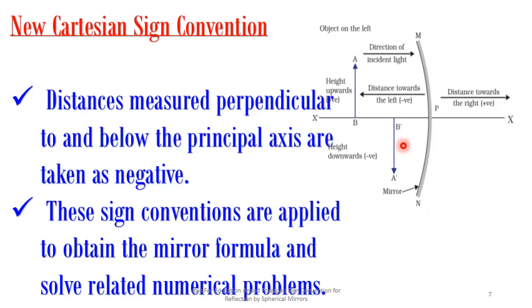These are the most important points in the New Cartesian sign convention. The object is always placed on the left hand side of the mirror, and the image distance will be either positive or negative, depending upon the position of the object.